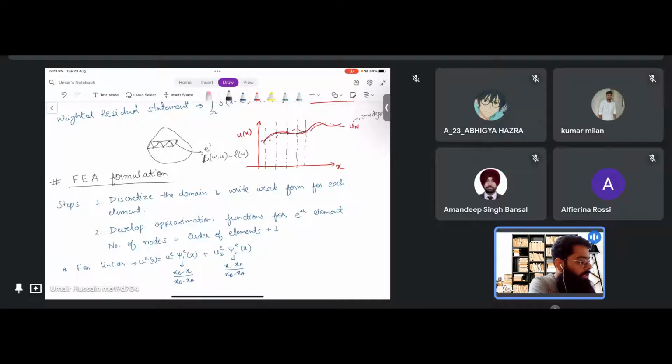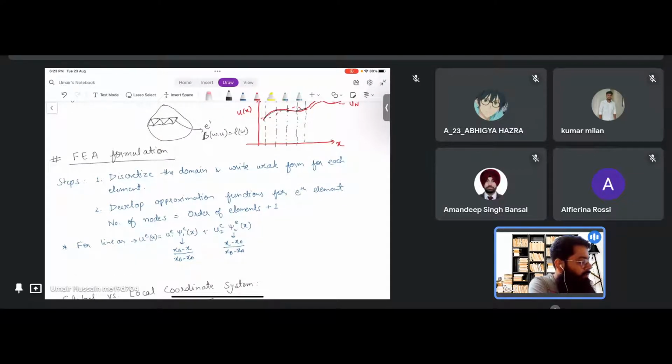So it would hold for each element individually also. So if we take one element, our integral would be only over that element, whatever comes from this weak form.